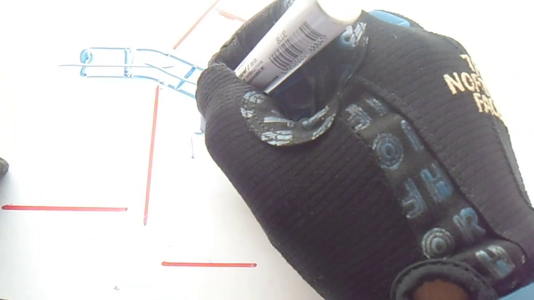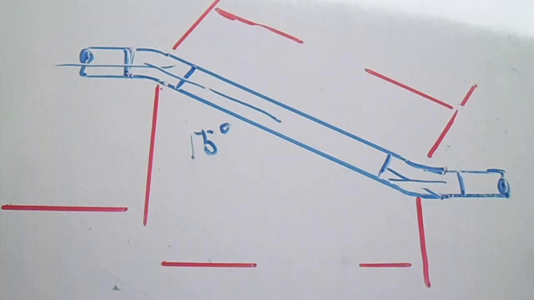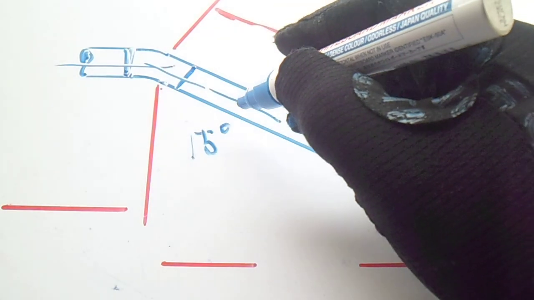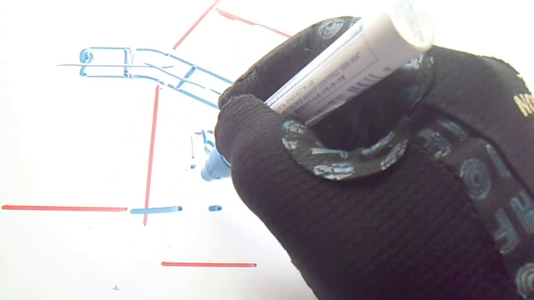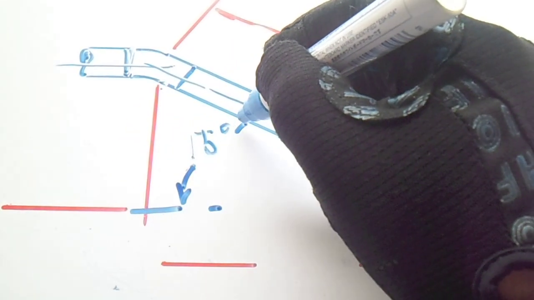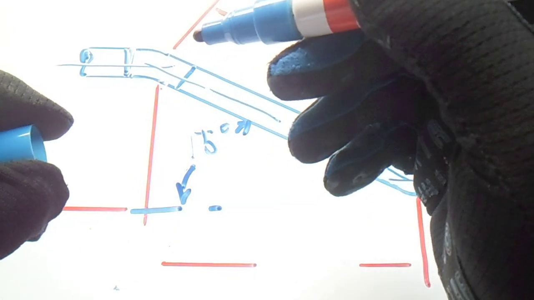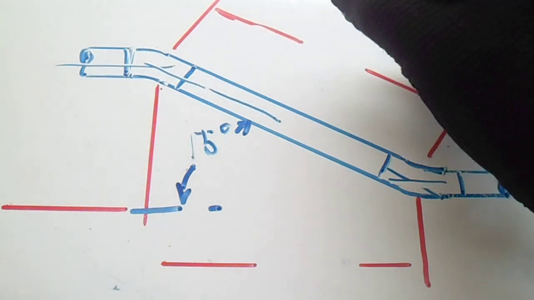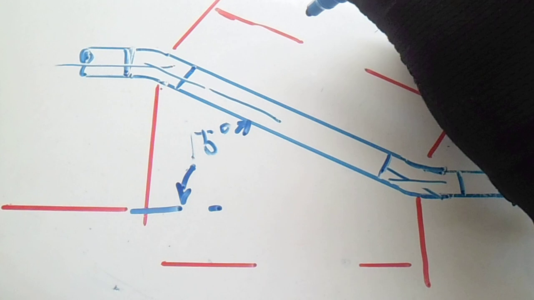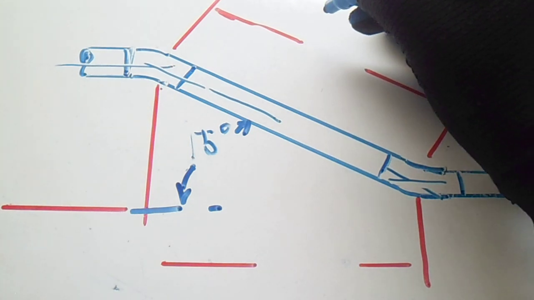So we have a 15 degrees here, from the arrow here and there, so we have a 15 degrees, and we have a given of sides.